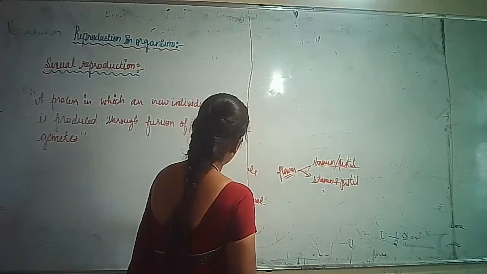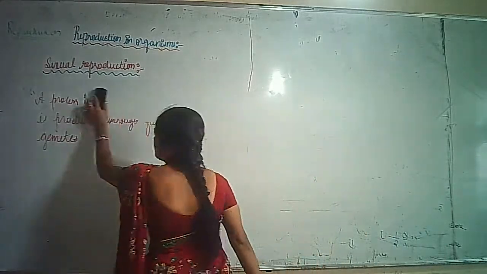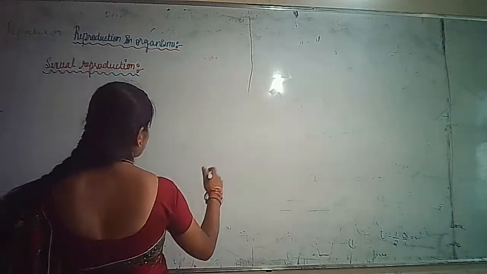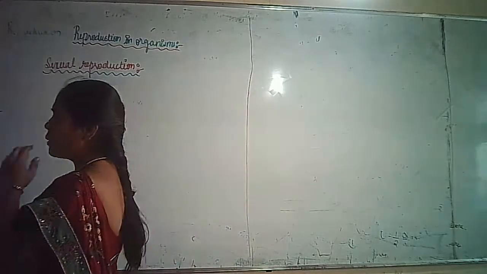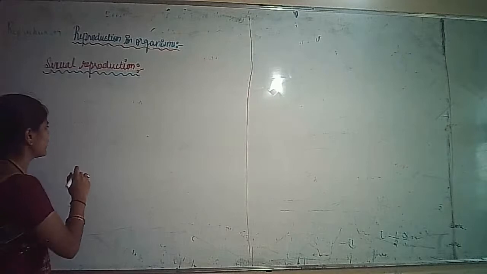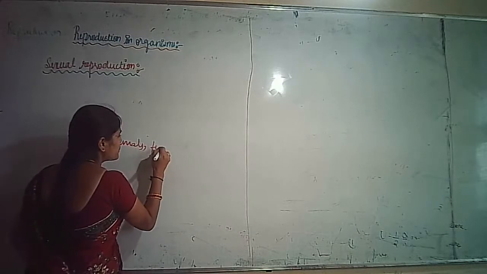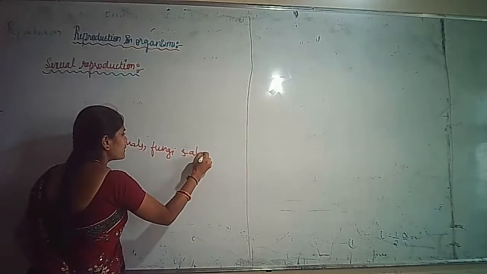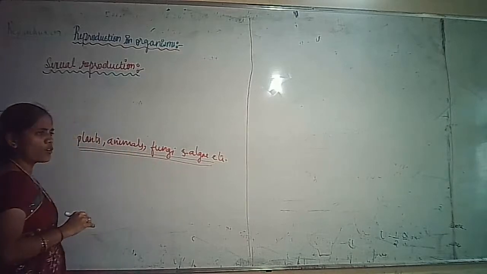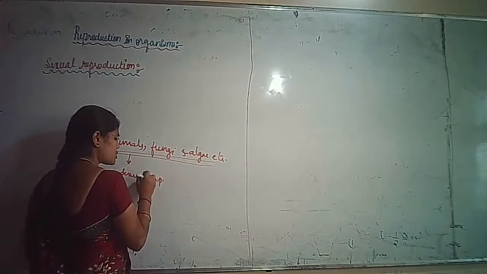Now, if we talk about the different types of organisms, okay, dear students, the study of diverse organisms such as plants, animals, fungi, algae, etc. They belong to different categories, to different types of organisms, but all are showing the similarity of sexual reproduction.